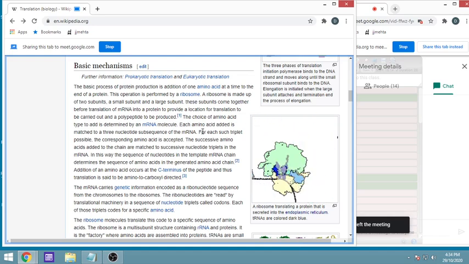Next, each amino acid that is added is matched to a 3-nucleotide sequence in the messenger RNA, which we call a codon, and for each such triplet the corresponding amino acid is accepted. The addition of amino acids occurs at the C terminus of the peptide, and thus translation is said to be amino to carboxyl directed.